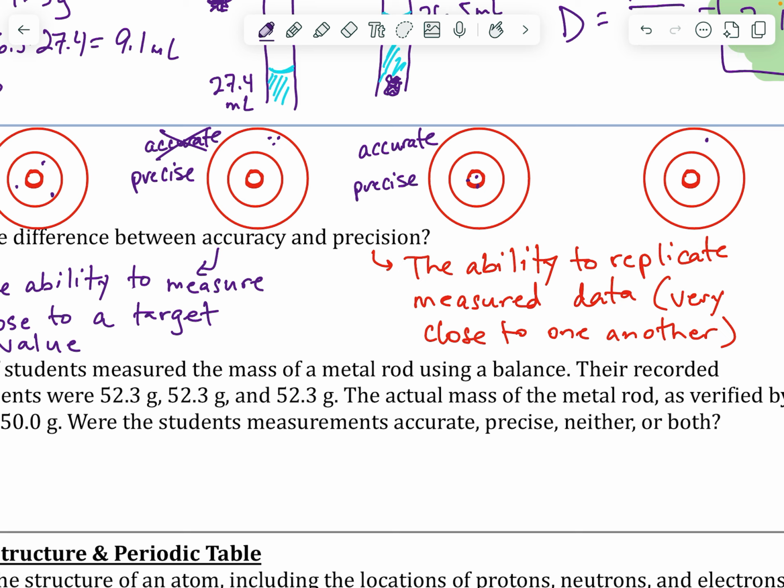And then, of course, you can already picture what it would look like when it is neither accurate nor precise. And that would look like this. No accuracy, no precision there. Don't know what happened there, but they're very spread out from each other, and none of them are fairly close to the target value either.